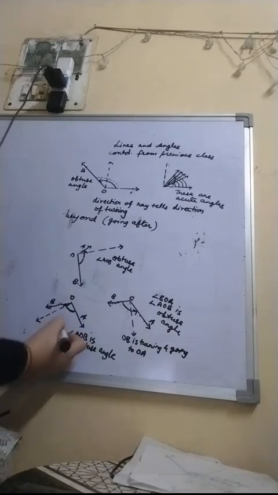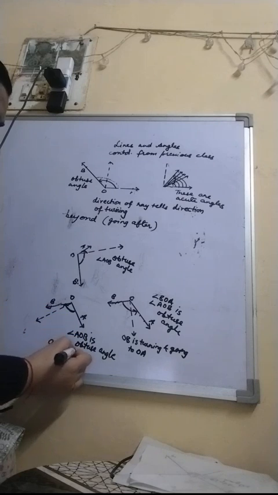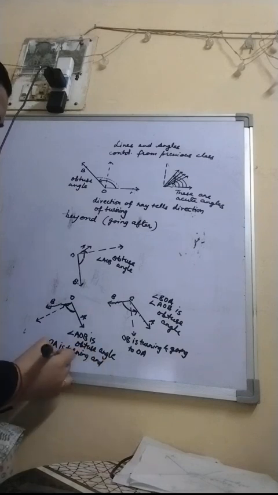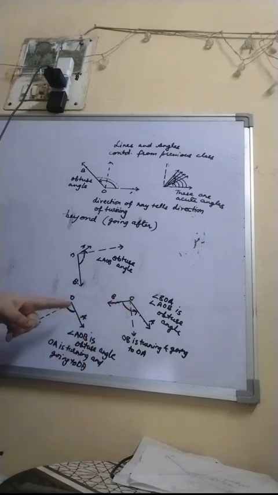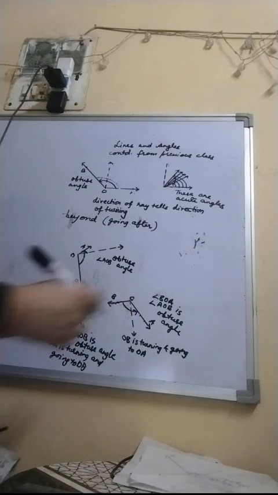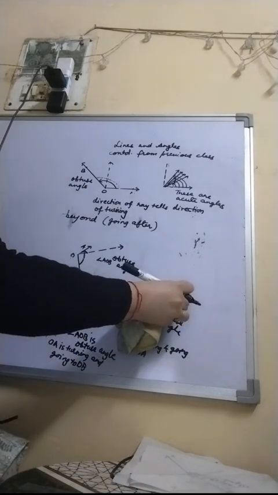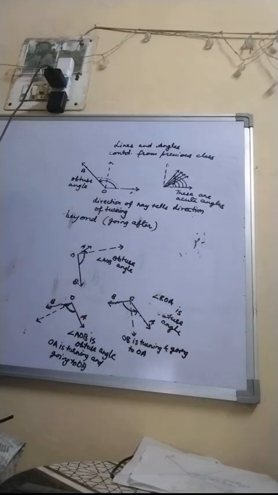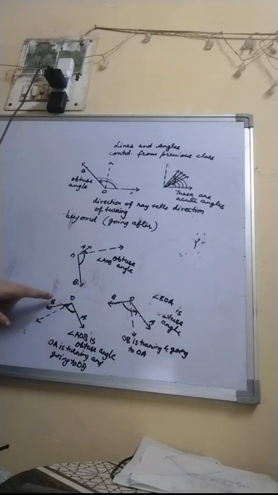In this case OA is turning and going to OB. So the angles are the same, but this is the difference. Both are obtuse angles. The angle name more precisely would be BOA here rather than AOB, because otherwise you would get confused. So this is BOA and this is AOB.